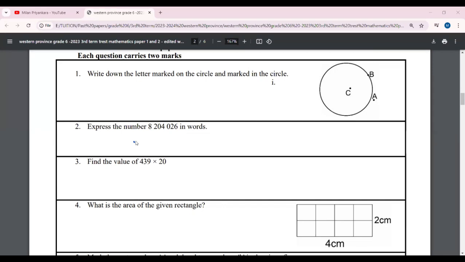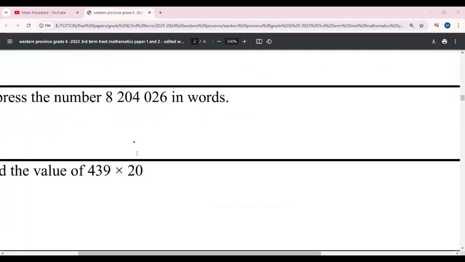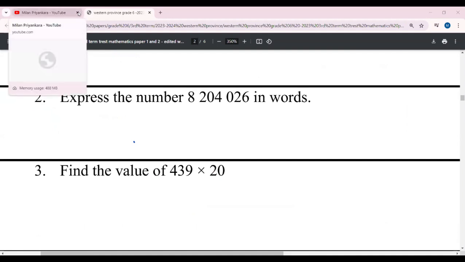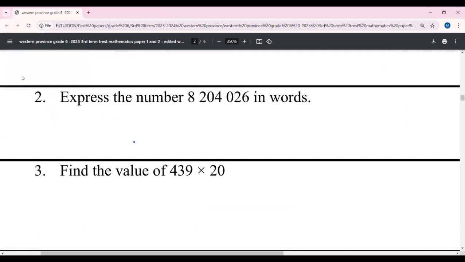Actually, I think you understand the periods, number periods. So let's say it is something like this. So we take these in periods, right? That means we start from the right corner and we take 3 digits here, and then we take 3 digits here, and then we take the final one. We start always from the right side, right?